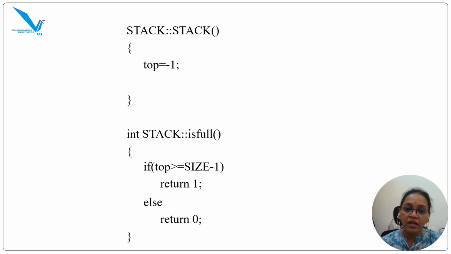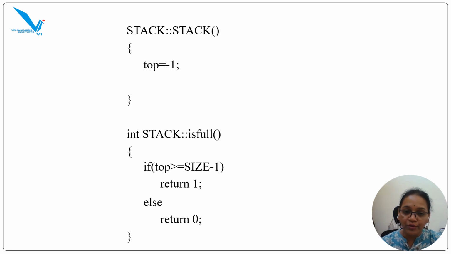So you have created an empty stack which has top is equal to -1 with the help of this default constructor. Then I will write down another function isfull. So it returns integer, so integer, then name of the class, then scope resolution, name of the function. If top is greater than size -1, then you have to return 1, else you have to return 0. Means what?